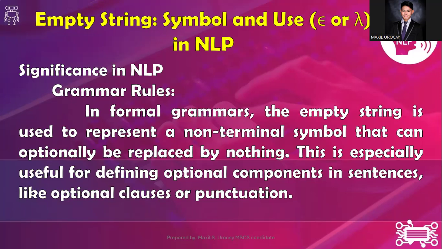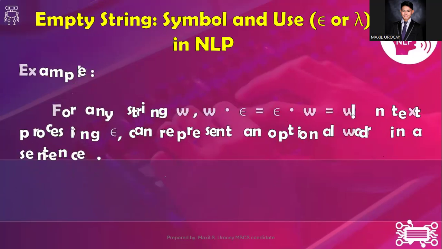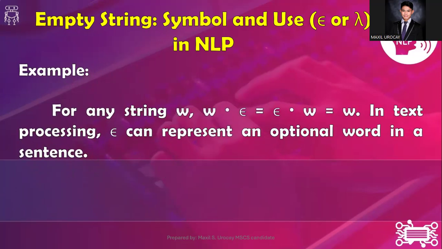It allows for flexibility in sentence structures while maintaining the grammatical rules. For example, for any string W concatenated with the empty string, or the empty string concatenated with W, it will still be the string W. In text processing, epsilon can represent an optional word in a sentence. So that's how it works.